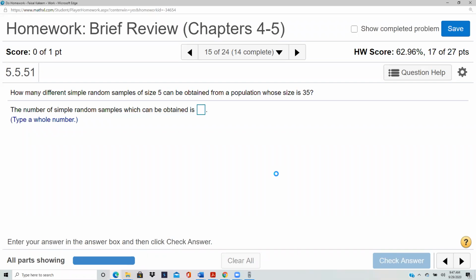How many different simple random samples of size 5 can be chosen from a population whose size is 35? So you're selecting 5 things out of 35. So it's either combination or permutation. How do we decide? If the order matters.